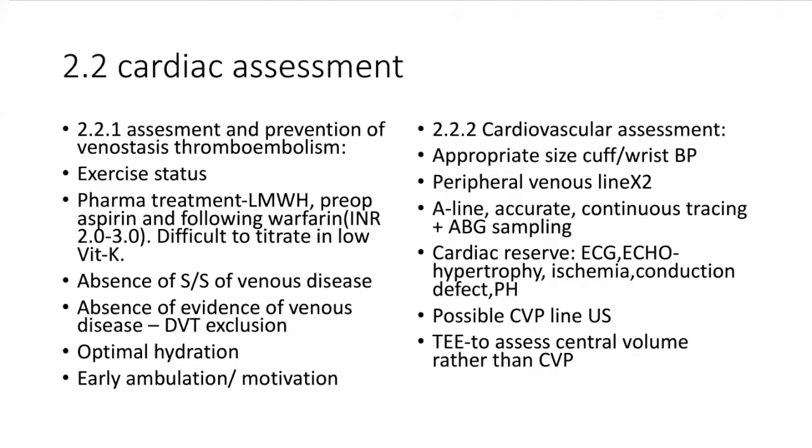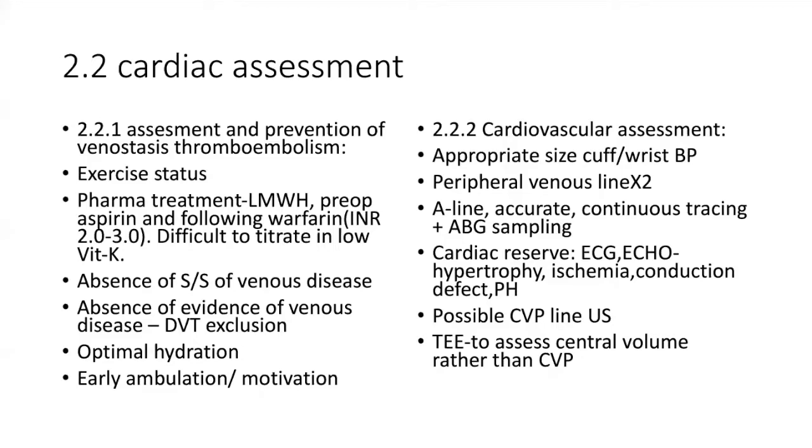Regarding cardiac assessment, I have given stress on the venous aspect, venous prevention or assessment of the venous aspect more, because this is the major cause of death in obese patient. So we have to know the patient's exercise status. Some of them can go for treadmill, but many of them will not be able to.